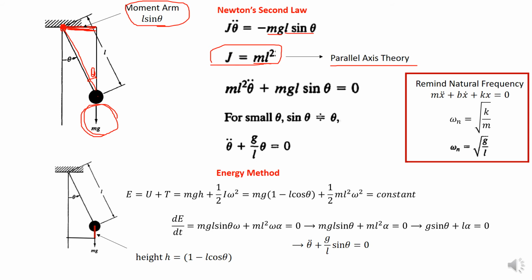Applying Newton's second law, it tells us that J theta double dot should be equal to the total external torque, and the external torque here is due to gravity.